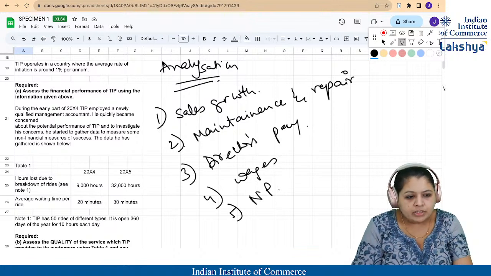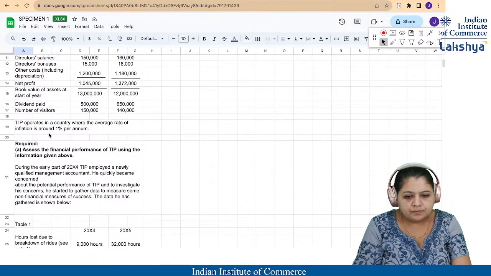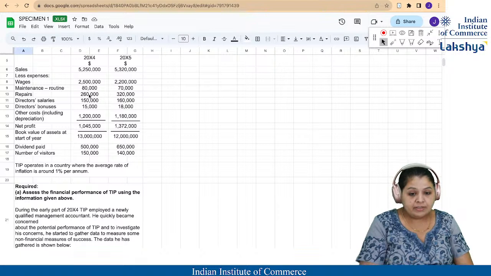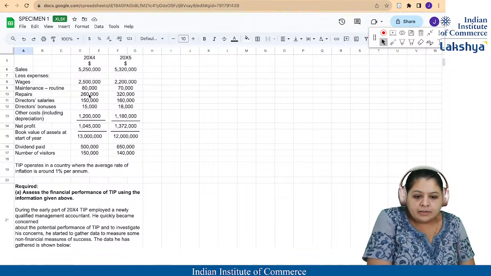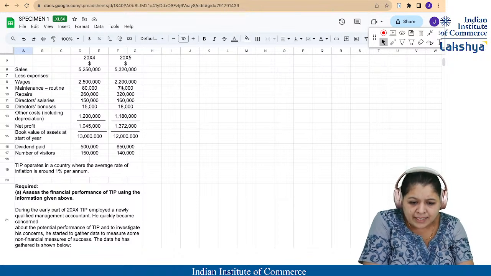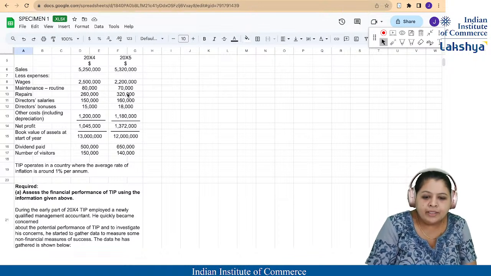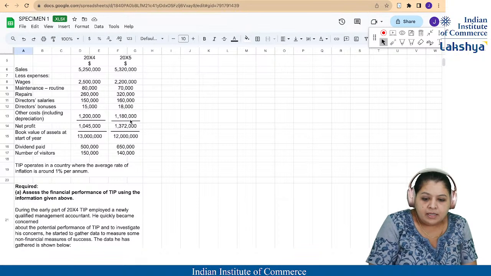In this question, if you notice, I'll just show it to you. The company's maintenance amount has increased and the repairs have decreased. The company has stopped investing a lot on the repairs. There are fewer repairs that they are doing, but at the same time they are increasing the salary, they are increasing the bonus, they are depreciating their assets less, if you notice this, right?